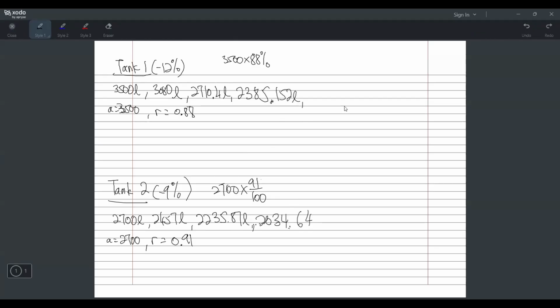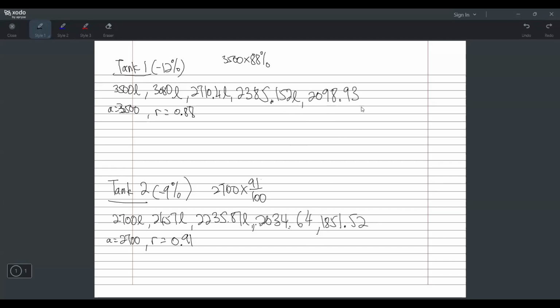tank 2, right? Then we do again. So the 2303.64, I will times with 0.91. So this one is 1851.52. Okay, what about this? 2385.152 times 0.88 is 2098.93.